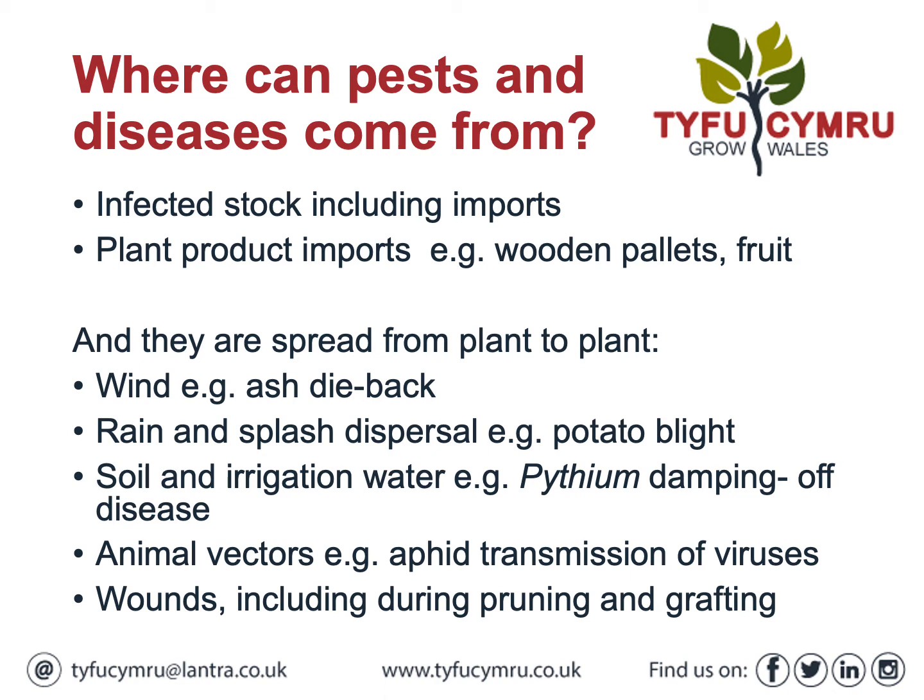And there are also those activities involved in horticulture, such as pruning and grafting, and other wounds that might occur to the plants, which allow entry by a pathogen. So lots of mechanisms for the spread of pests and diseases from plant to plant, that we need to be aware of in order to implement effective biosecurity measures.